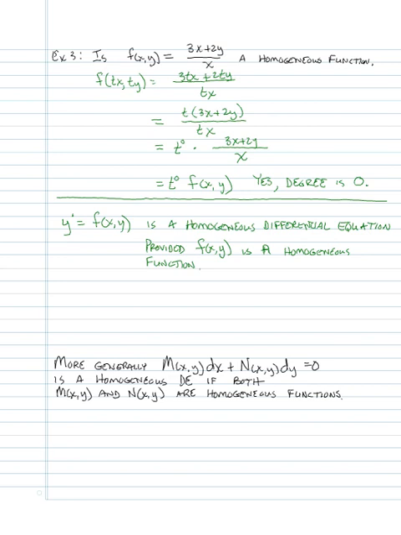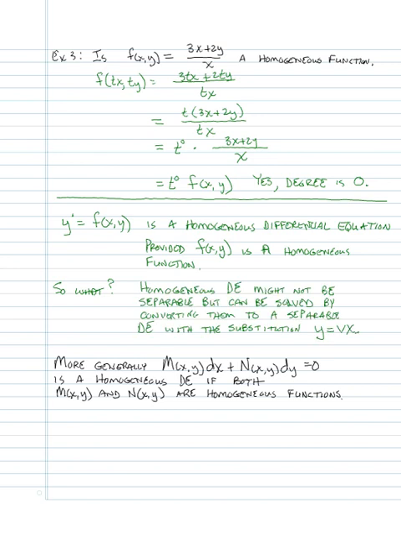Now, so what? Well, here's the so what. Let me pause and write this all out, and then I'll talk about it. Homogeneous differential equations might not be separable, but they can be solved by converting them to a separable differential equation, and that's done using the substitution y equals v times x.